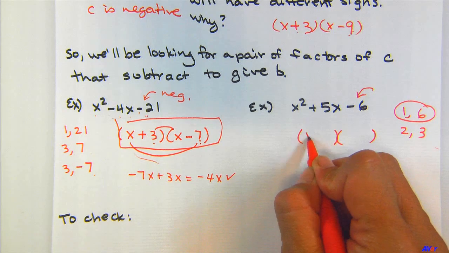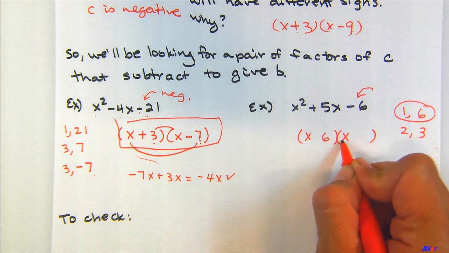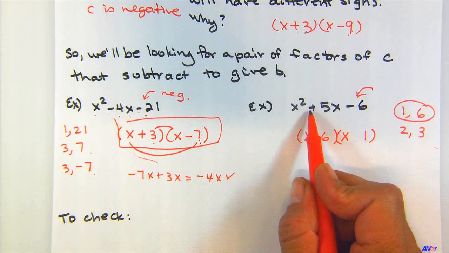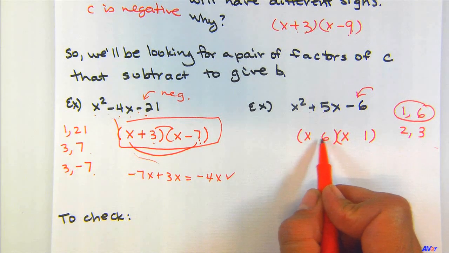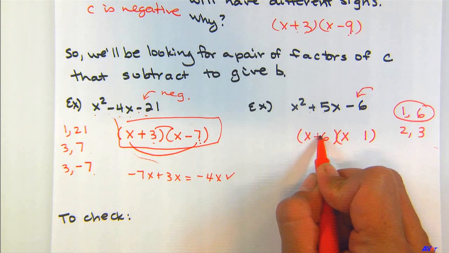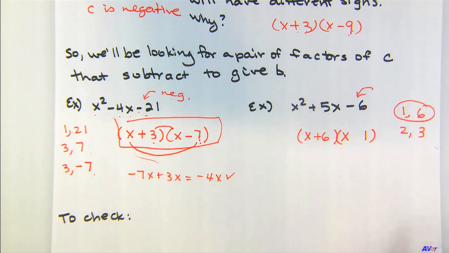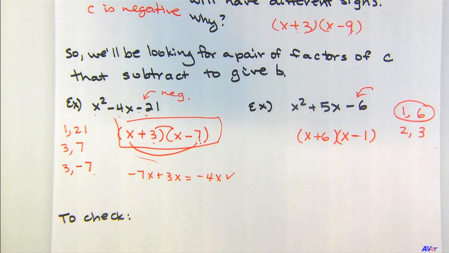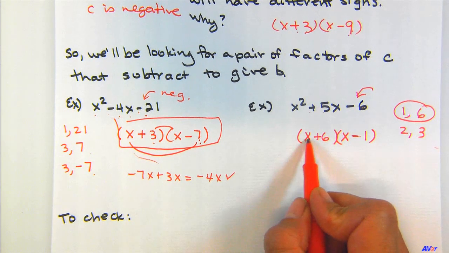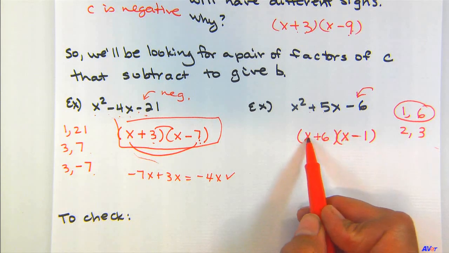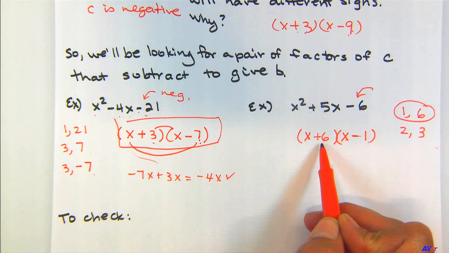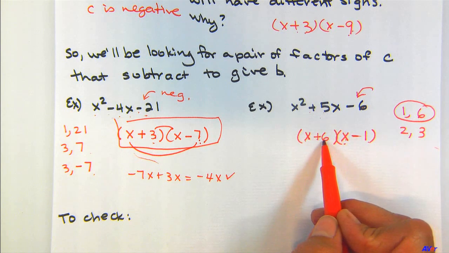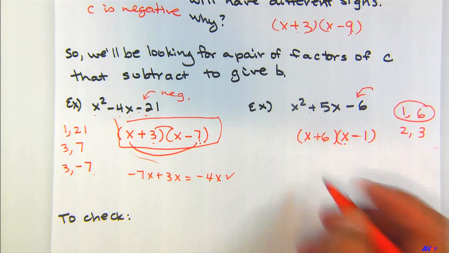So I have an x and a 6 and an x and a 1. My 5 is positive, so I want the bigger number to be positive, so it wins in the outer inner fight. So positive 6, minus 1. So let's make sure. X squared minus 1x plus 6x plus 5x, and 6 times negative 1, negative 6.